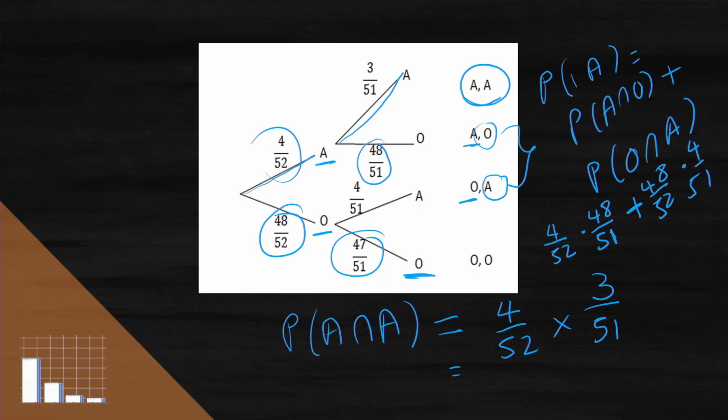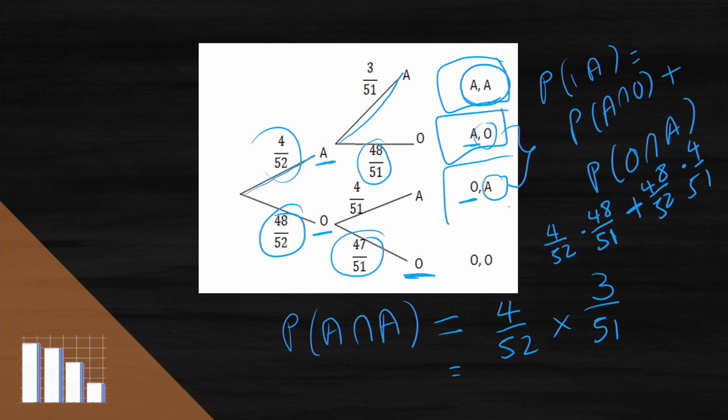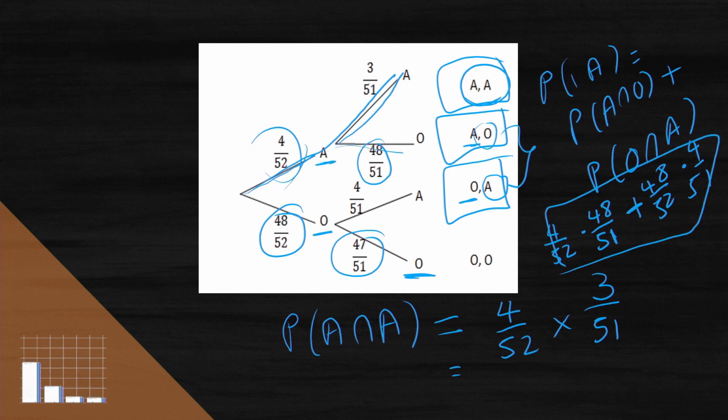It's going to be the probability of getting an ace and an ace, plus the probability of an ace and then any other card, plus the probability of any other card first, and then an ace. And then you would add each of those together. So 4 over 52 times 3 over 51, plus 4 over 52 times 48 over 51, basically the answer you just found out in the previous question. And that will give you the probability of getting at least one ace.